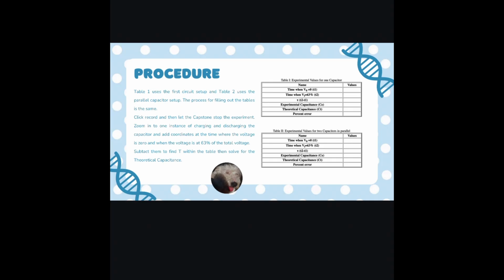Then you would zoom into one instance of charging and discharging the capacitor and then use the add coordinates function at the time where the voltage would be 0 and when the voltage is at 63% of the total voltage. Then you would subtract those two values, T2 minus T1, to find T, and then use these variables to solve for the theoretical capacitance. And then, of course, your experimental capacitance would be given by Capstone.